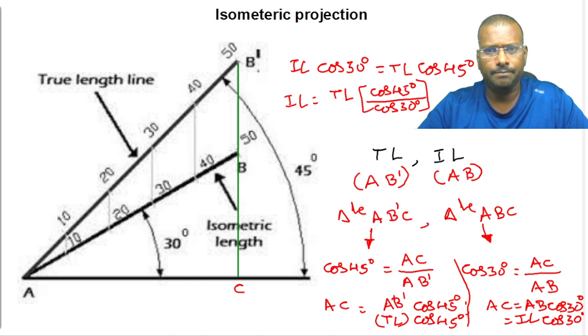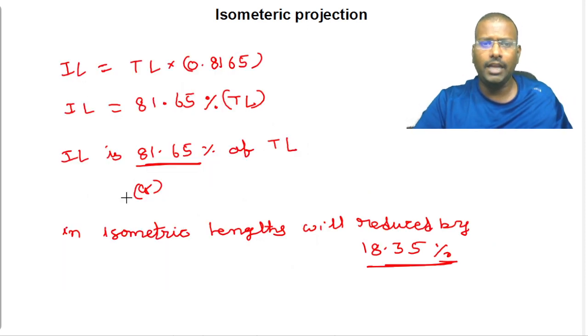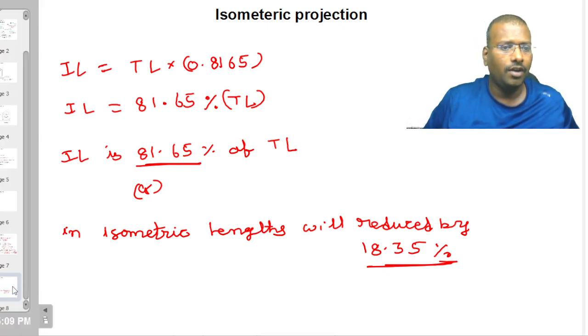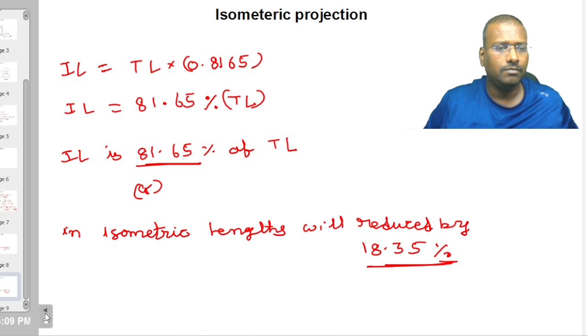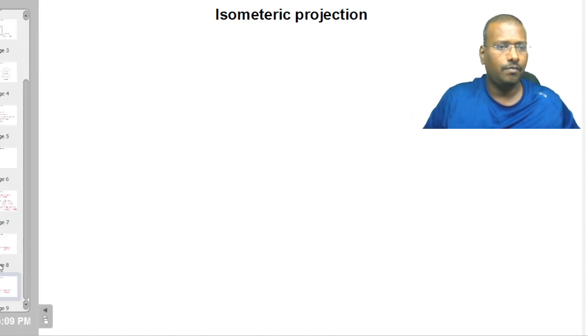Remember, my dear friends, sir, everything we are going to reduce by 81.65. So instead of reducing every time, if you are going to take the true dimensions, there is a small difference, my dear friends.